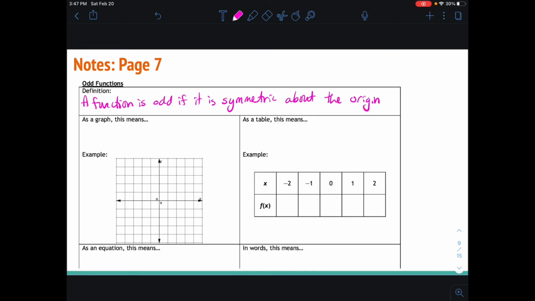And this is where we come into that 180 degrees that we're looking at. So this means you can rotate the graph 180 degrees and have an identical graph.